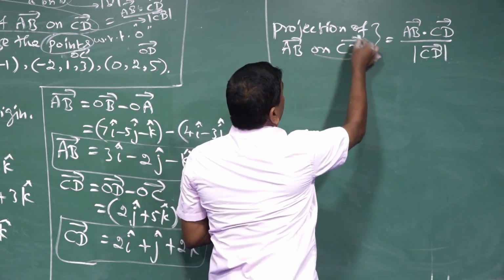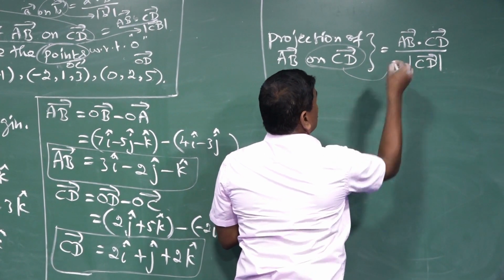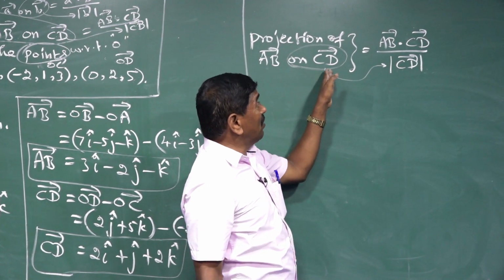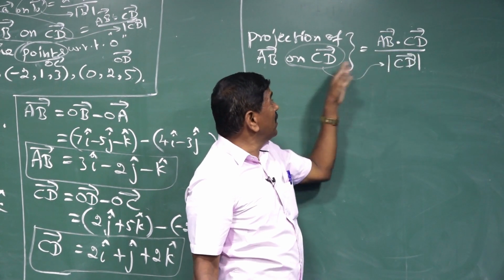The "on" keyword becomes the denominator. That is the technique. The projection of AB vector on CD vector is the dot product of the given vectors divided by the vector after the "on" keyword.